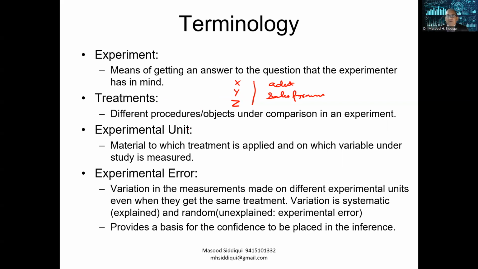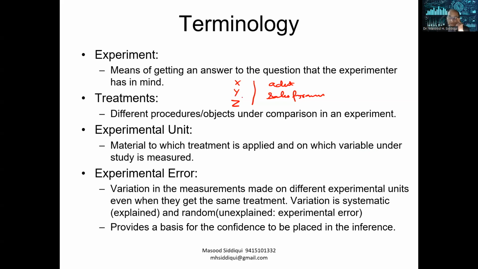After that, we define experimental unit. Experimental unit is the material, it can be in a non-living form or in a living form also, to which the treatment is applied, on which the treatment is being applied, and on which the variable under study is being measured. Right?